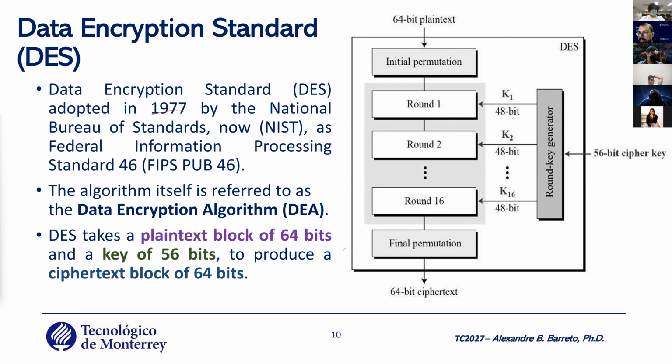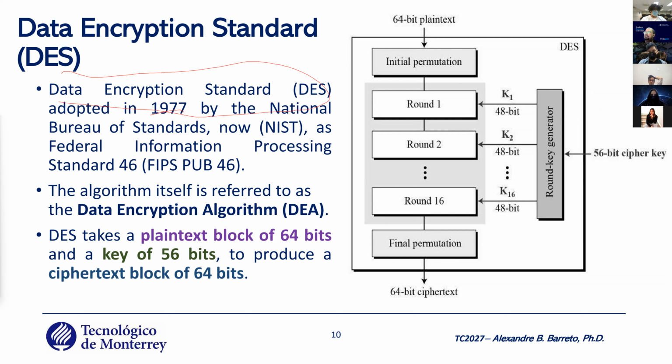You have the cybersecurity framework, you have a lot of security standards from NIST, okay? And it published the specification of the Data Encryption Standard. The name of the algorithm is the Data Encryption Algorithm, DEA, okay? But the name of the model is DES.